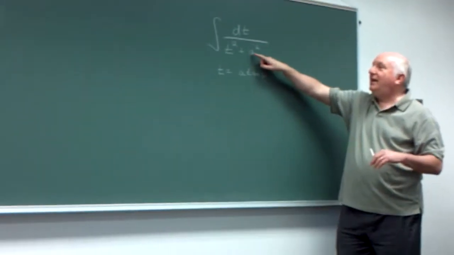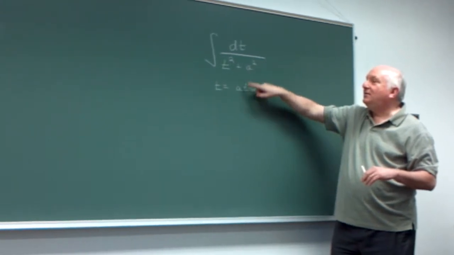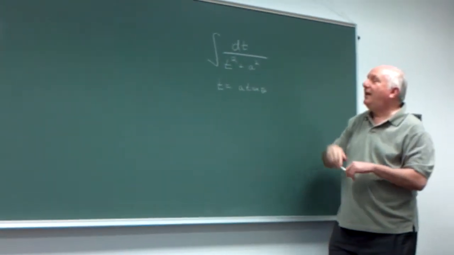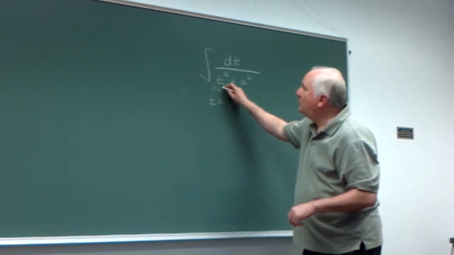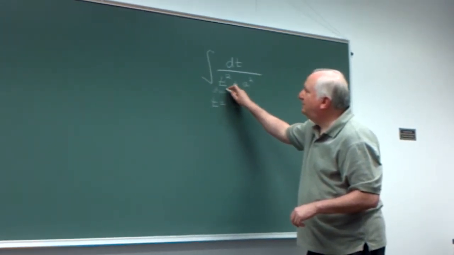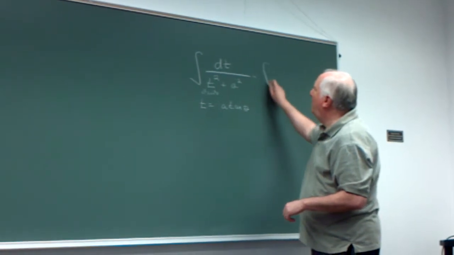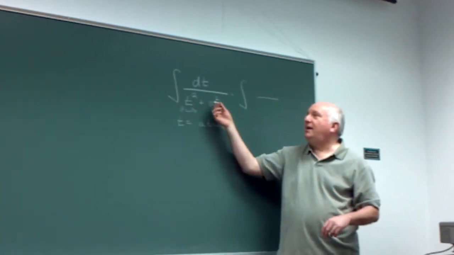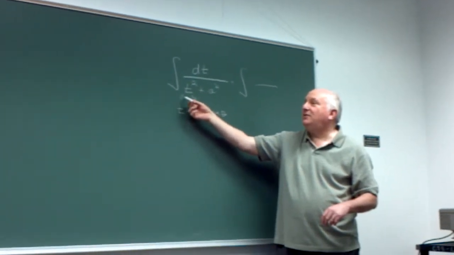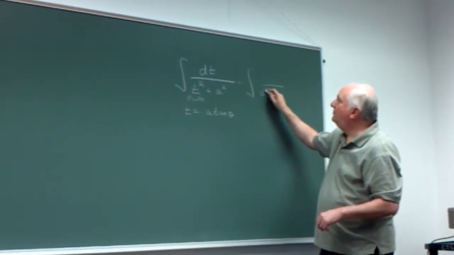But since there's an a squared here, the way that we deal with this is make it a times the tan, because then this would be a squared tan squared plus a squared. When you factor out the a squared, it's a squared times tan squared plus 1.